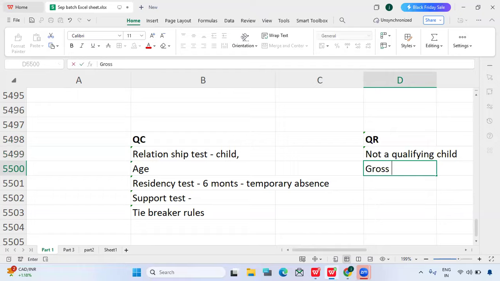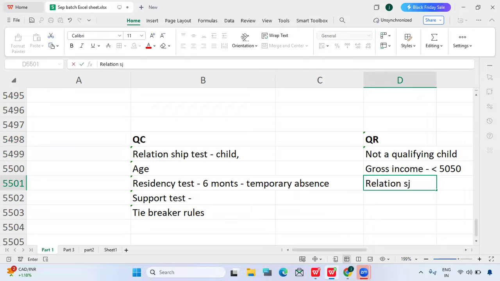So first one, he should not be a qualifying child, and then the gross income rule. So how much gross income, guys? 50-50. His income, if it is equal to 50-50, then no. It should be less than 50-50. And also relationship, this is important.